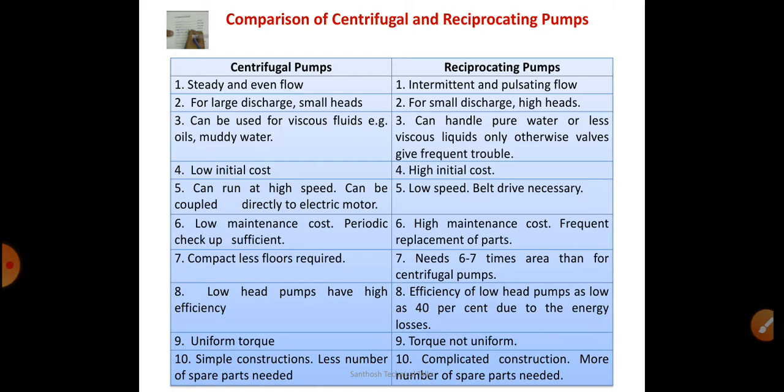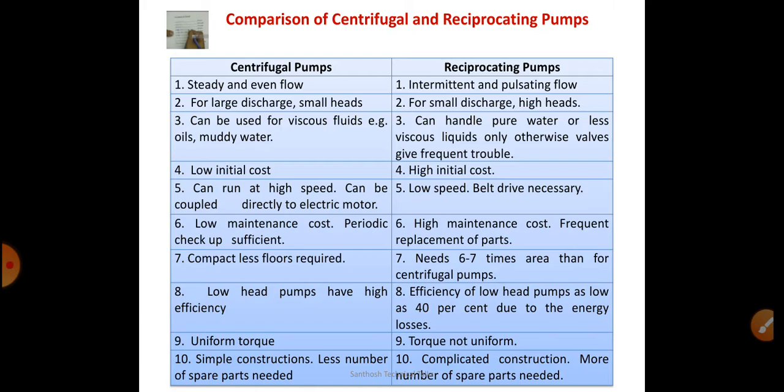And the centrifugal pump has a very low initial cost, whereas the reciprocating pump has a high initial cost. The centrifugal pump can run at high speed and can be coupled directly to the electric motor, whereas the reciprocating pump runs at very slow speed.